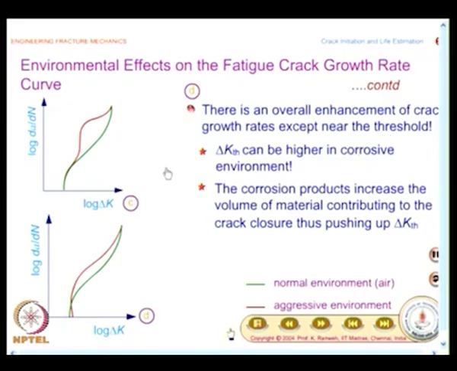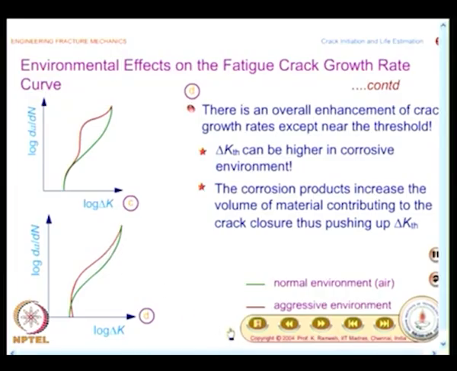And you have another case which is very interesting. We have seen cases where delta K threshold is not altered or delta K threshold becomes 0. You have an interesting situation where delta K threshold is pushed up, that is the situation you have here, and you have a higher crack growth rate in this section.